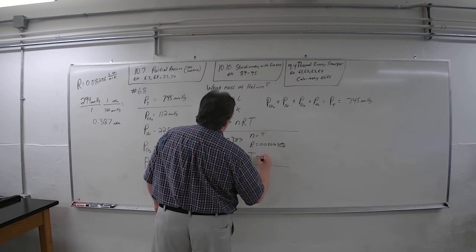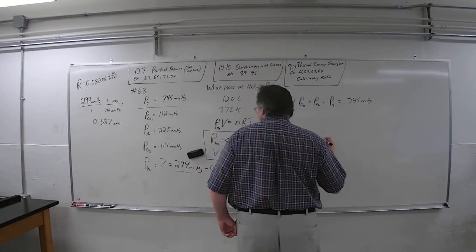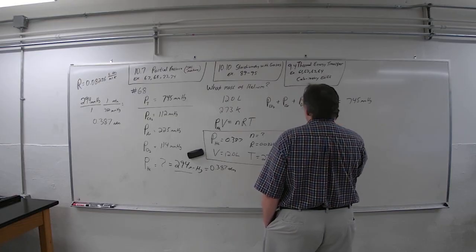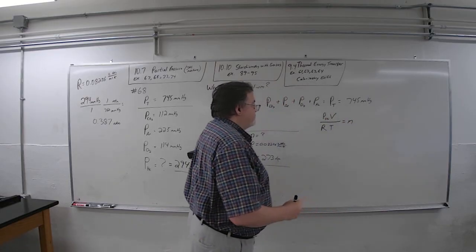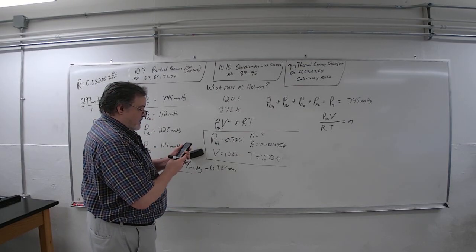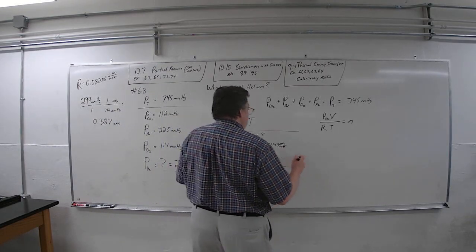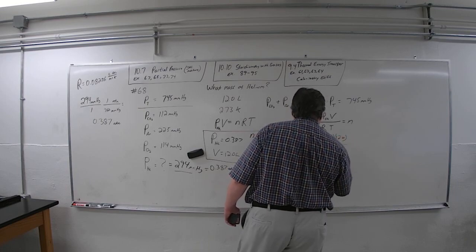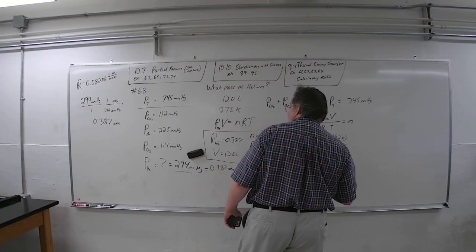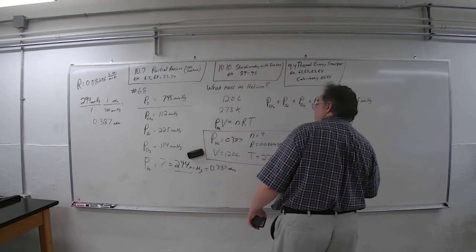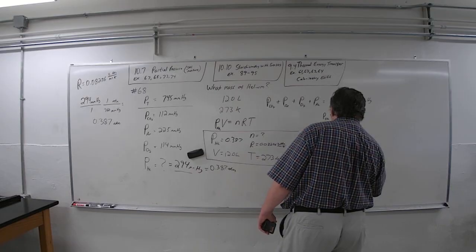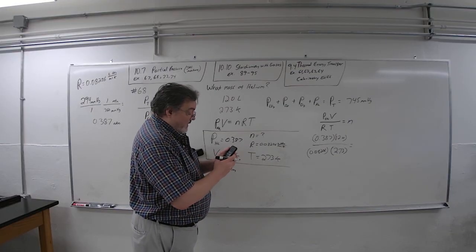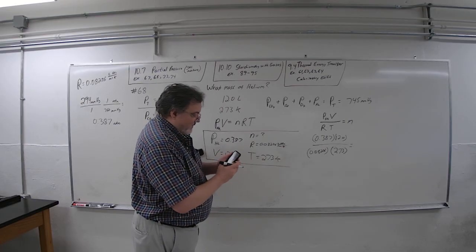Temperature is already in Kelvin, 273 K. So to solve, divide both sides by R and T. Now I'm just going to solve for n. 0.387 times 12, divided by 0.08206, divided by 273.